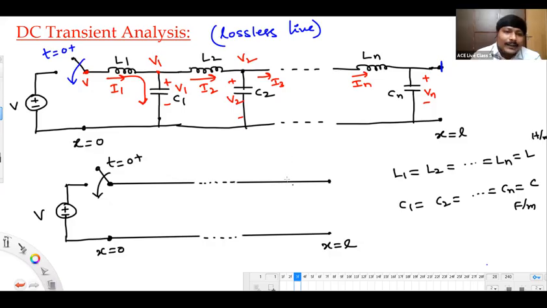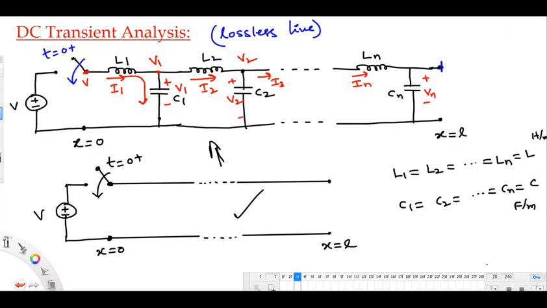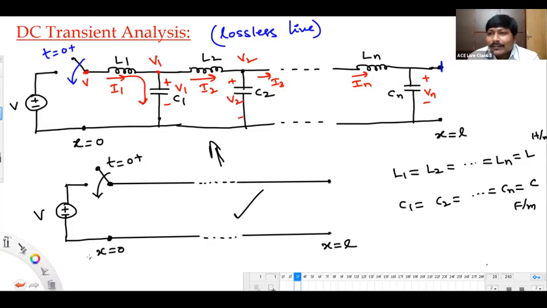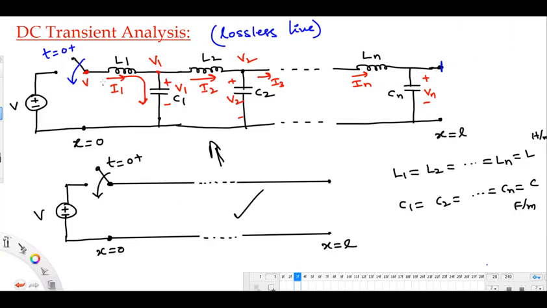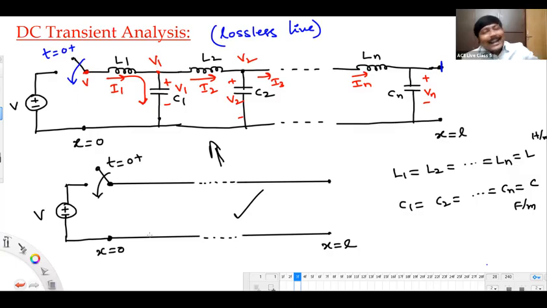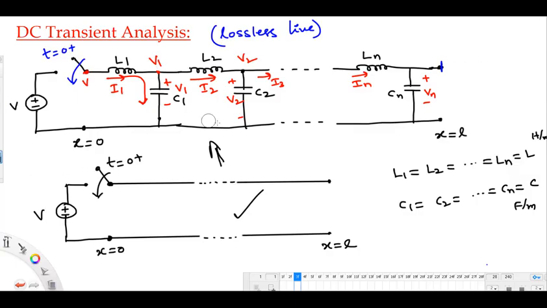This is a practical line. This is a converted model. In the converted model, you have drawn it on the paper, showing just the property of the line as L and C.